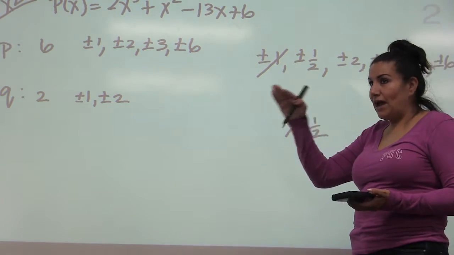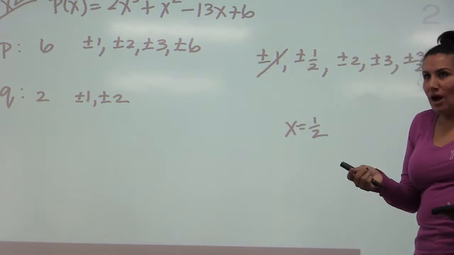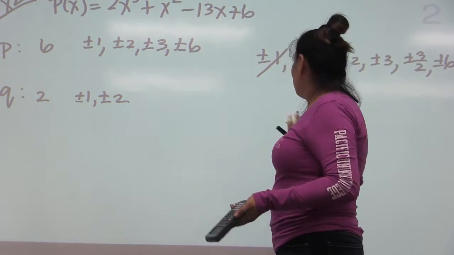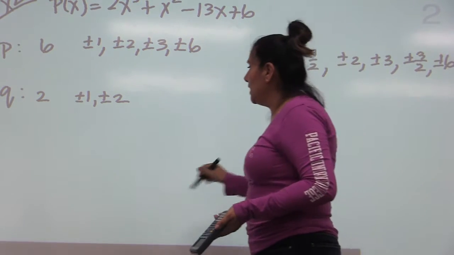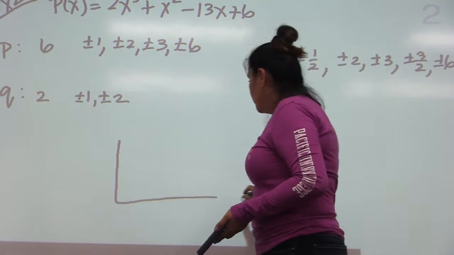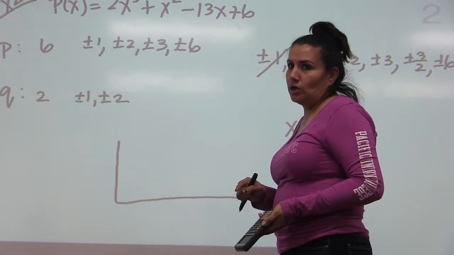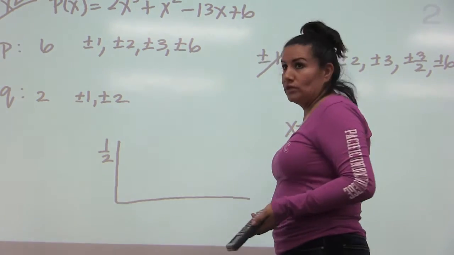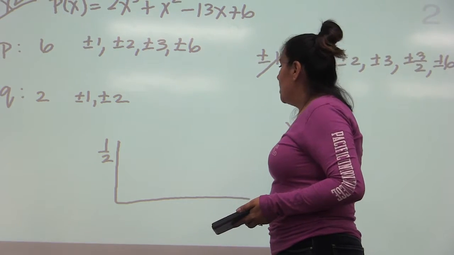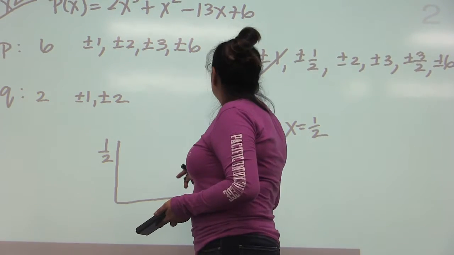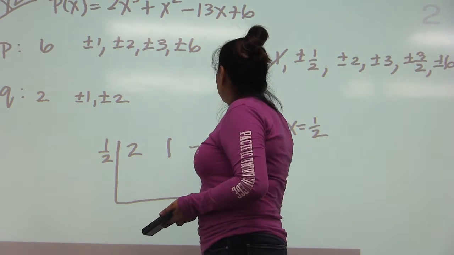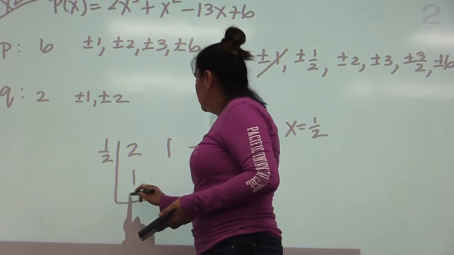So you want to keep finding them, but at some point you do have to do some math, okay? And not let the calculator do everything. So I found one, that's enough for me. Now I go to division, because I know it's going to work. I did my list and it worked, right? So I'm going to get my quadratic. I'm going to have here 2x cubed, 1x squared, -13, and 6.